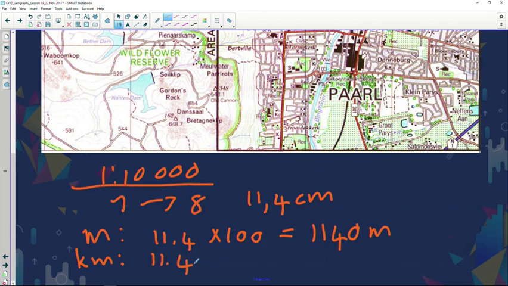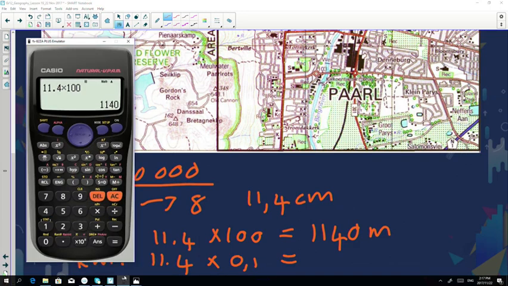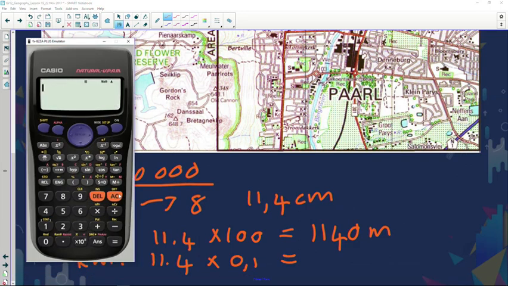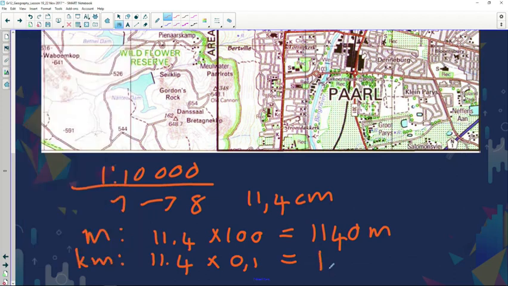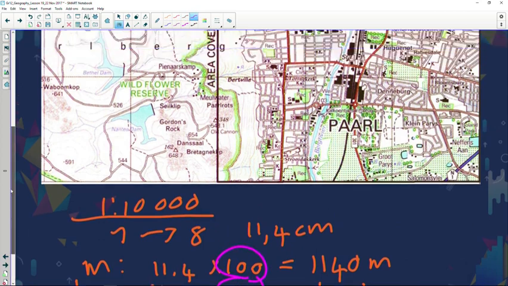Same principle: take the centimeters that you measured with your ruler and times it with 0.1. 11.4 times 0.1, and our correct answer is 1.14 kilometers.